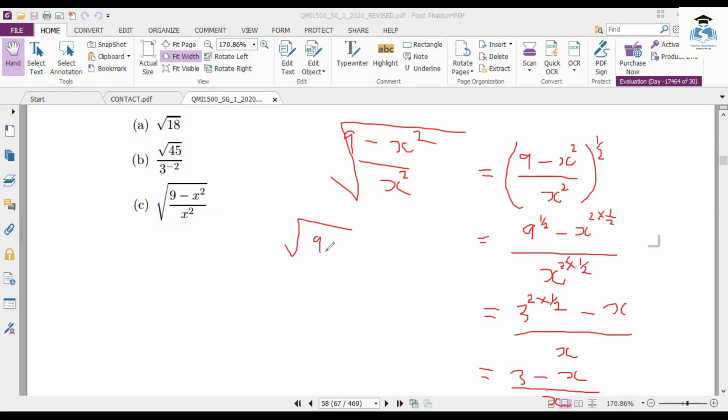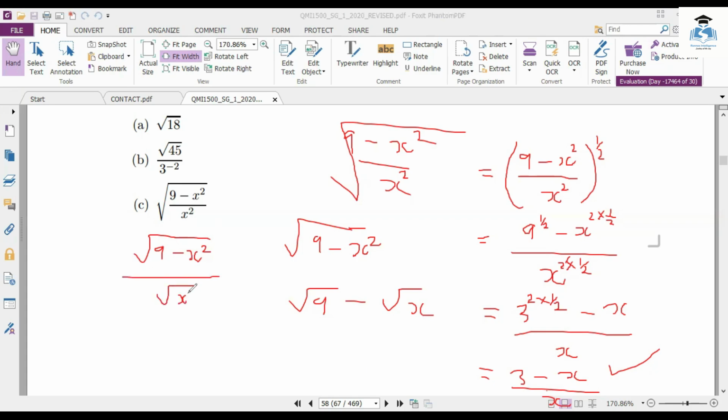Because what I think, remember, root of 9 minus x squared is not the same as root 9 minus root x, which we might have done here. So this one is the same as root of 9 minus x squared over root x squared, which will always give us what? So I believe the answer might be root of 9 minus x squared over x.